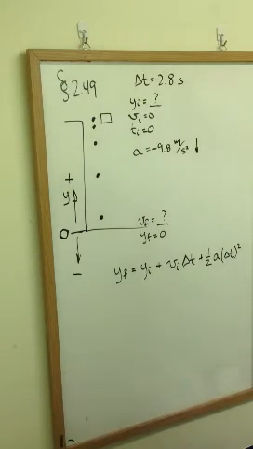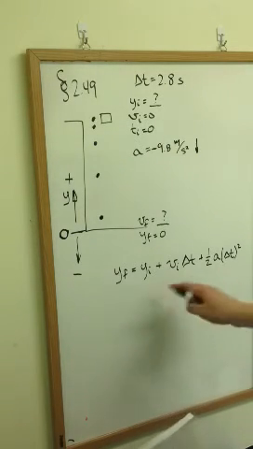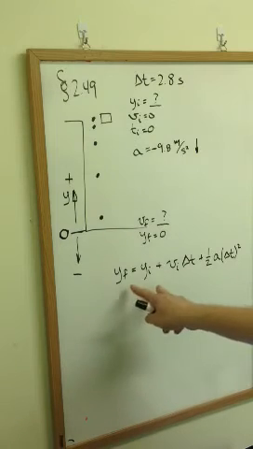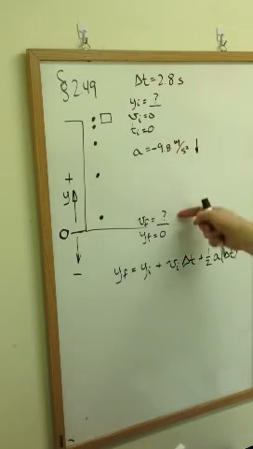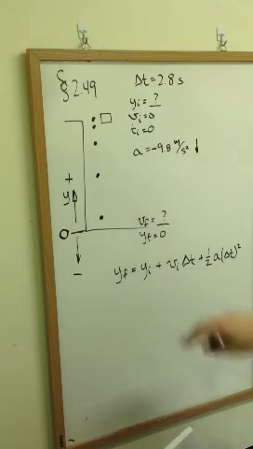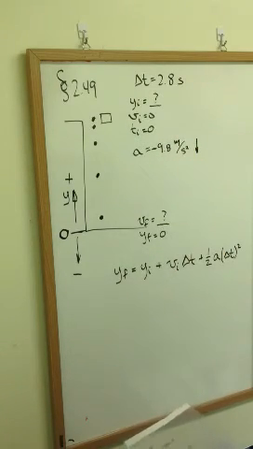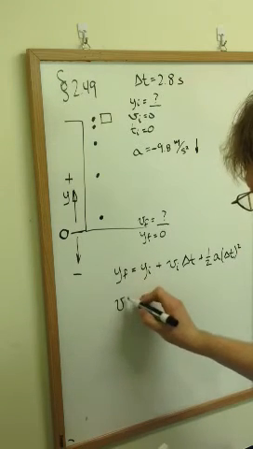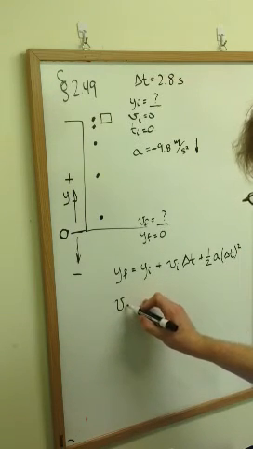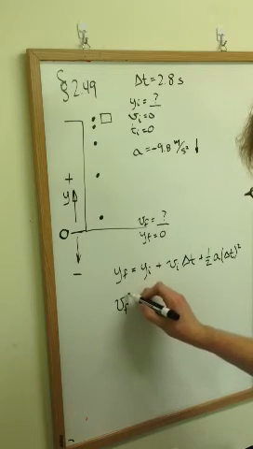The next part, how fast is the brick moving just before it hits the ground? Well, with this answer, we'll have positions. We'll know both positions. We'll know the time. We'll know the acceleration. The only thing we won't know is velocity final. Let's use the second kinematic equation for constant acceleration and changing velocity.